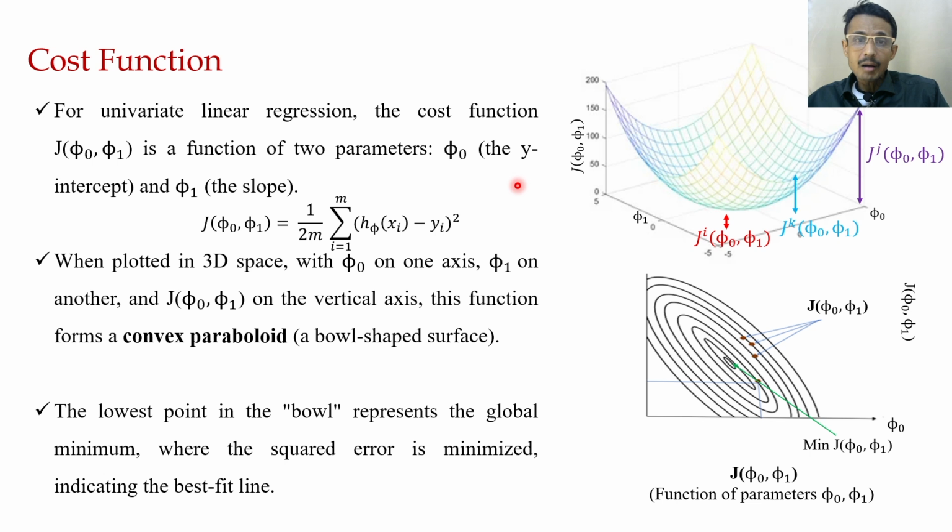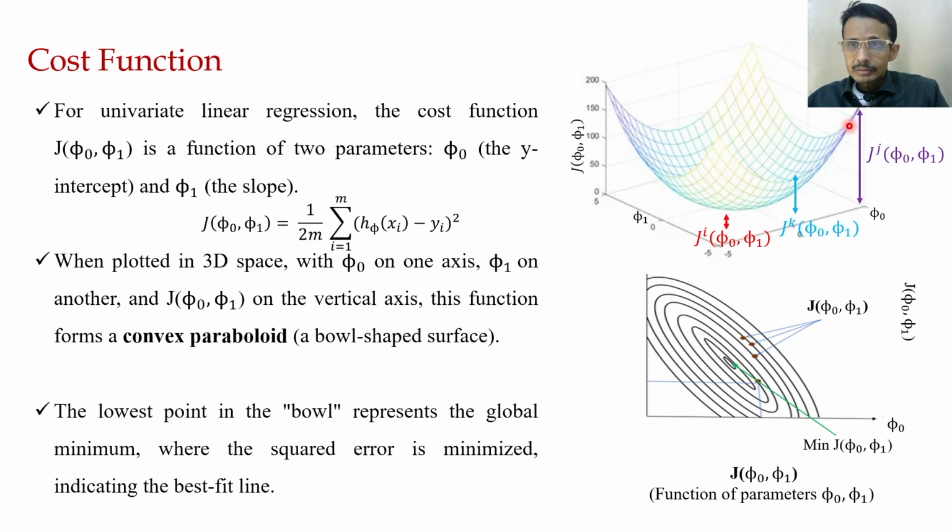And what is our purpose? For any given theta 0, theta 1, we may be anywhere on this surface. So starting from anywhere, can we reach this minimum position? This is basically the global minimum. One important nature of a convex error surface is that the local minimum and global minimum coincide.